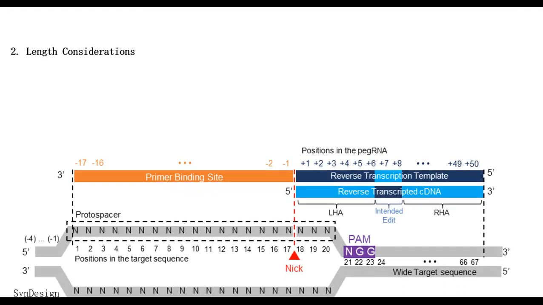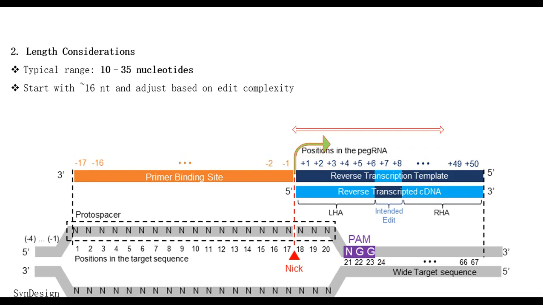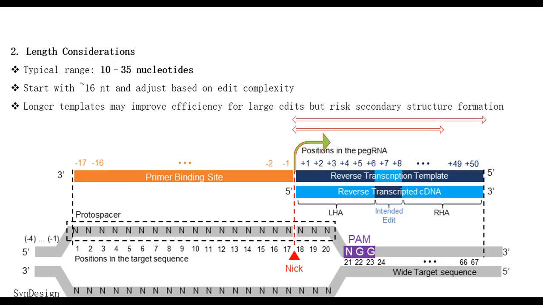Second, length considerations. RT templates typically range from 10 to 35 nucleotides. A good starting point is around 16 nucleotides, adjusting as needed based on the complexity of the edit. While longer templates can improve the efficiency of larger edits, they also increase the risk of forming secondary structures.